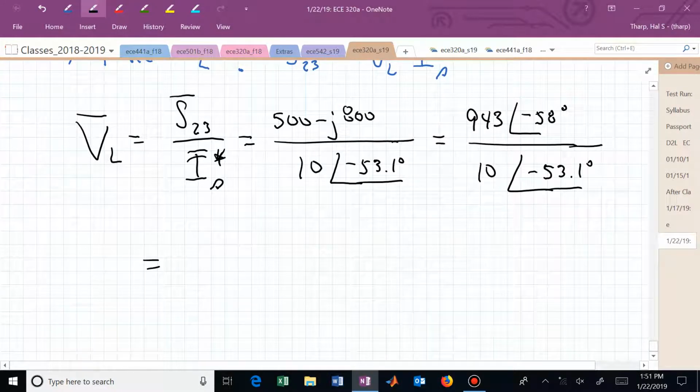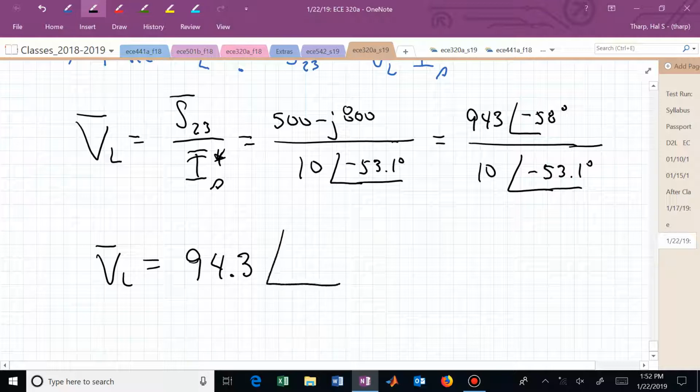Divide the magnitudes, algebraically combine the angles, or subtract the denominator angle from the numerator angle, and we now end up with our voltage dropped across loads S2 and S3 that are in parallel, which is now 94.3 at an angle of minus 5 degrees.